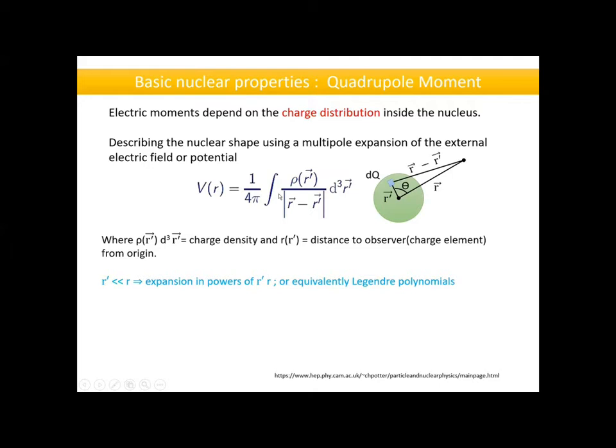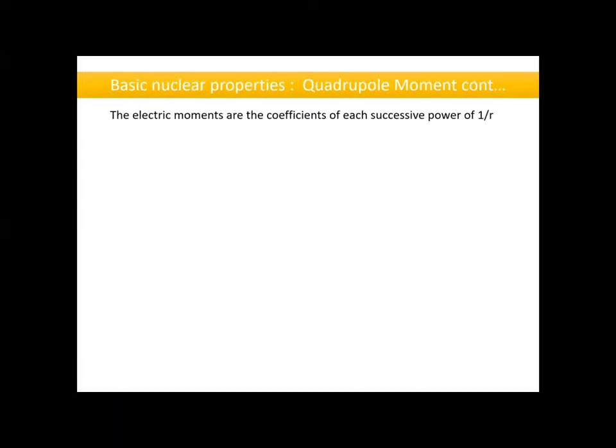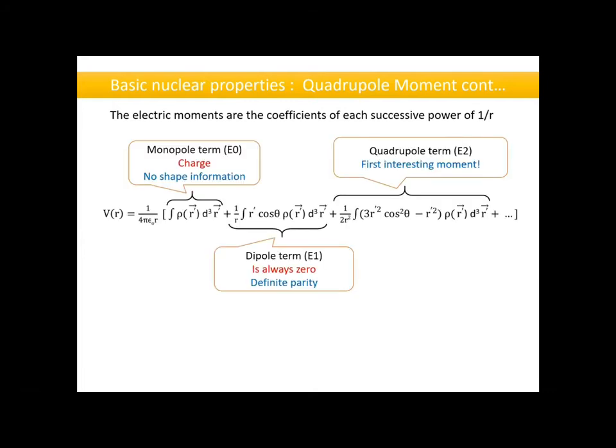So using Legendre polynomials and a multipole expansion of this potential, we get V of r as this term. Here the electric moments are the coefficients of each successive power of 1 by r.